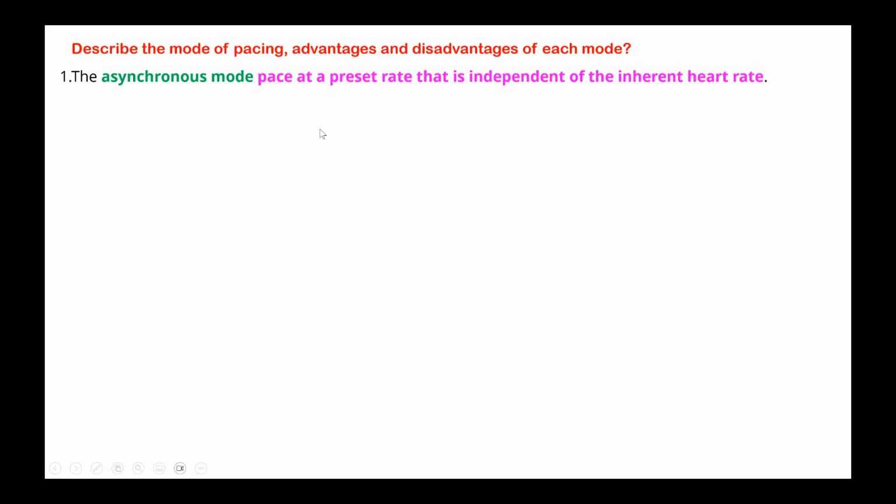That is where the refractory period system will work out, and the computer in the pacemaker will sense whenever a native contraction is happening and withhold. But ultimately, just like SIMV in ventilation, it will deliver a preset rate and maintain the cardiac output. So that is about the asynchronous mode.